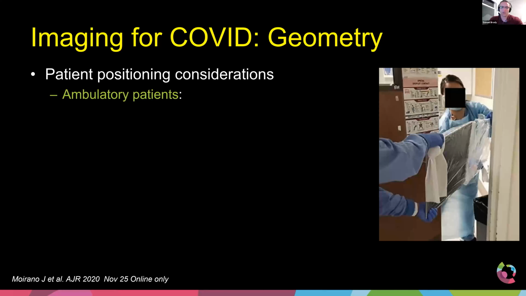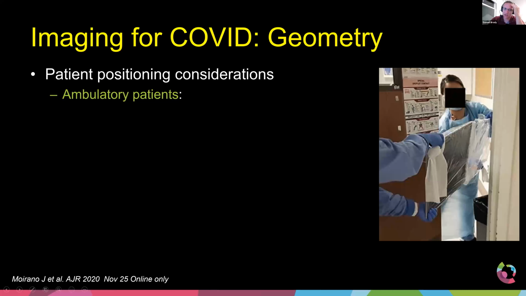Okay, so let's go through these in a practical sense. One of the best things you can do is work closely with the other staff that are in the room. This is the scenario where you are not going in the room, so you're going to have to help instruct the nurse or whoever else, the support staff that's in there working with the patient.